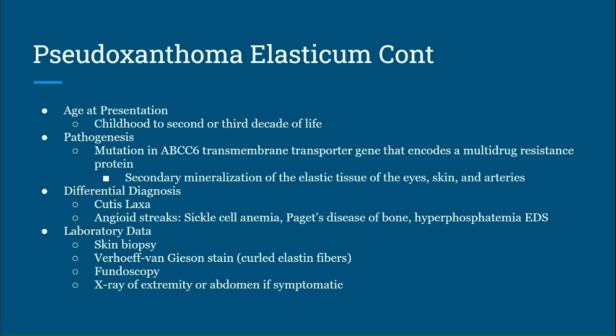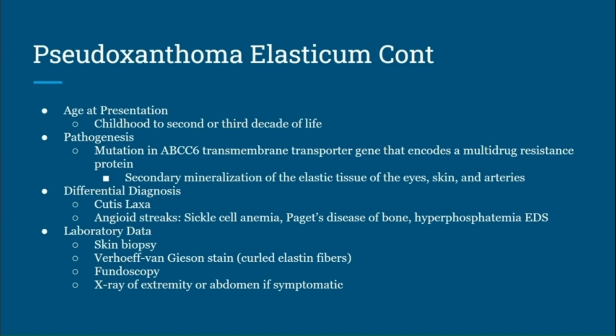The mutation in the ABCC6 gene is also a multi-drug resistance protein, and because you're not effectively shuttling parts of cellular material inside or outside of the cell, you could have mineralization of the elastic tissues, and this can affect areas such as the eyes, skin, and arteries.